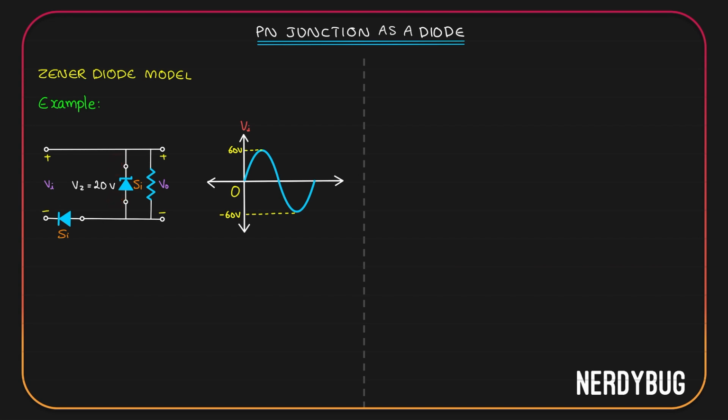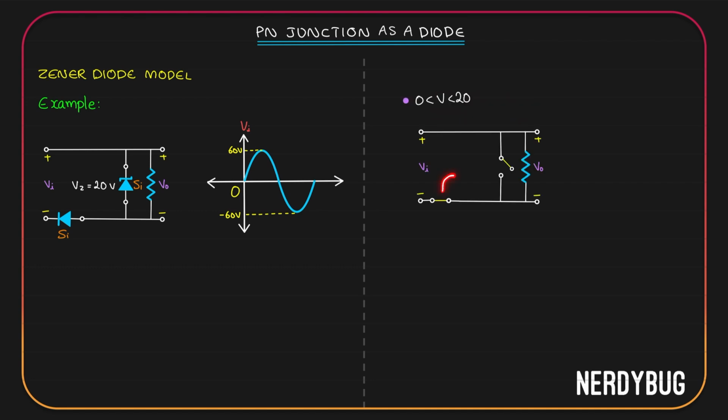But we know even if the Zener diode is reverse biased, as long as the negative potential across it is less than the Zener voltage, it will not start conducting. Zener voltage here is 20 volt. So, when the applied voltage is between 0 volt to 20 volt, we can model the Zener diode to be an open circuit.